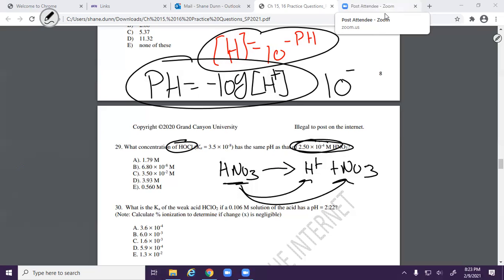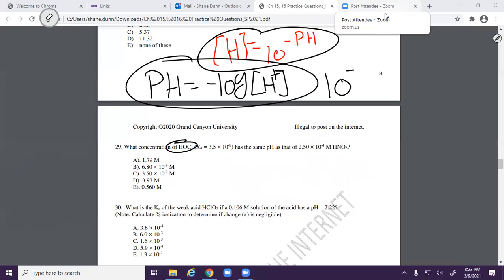Good. The whole ice table is what we needed, but we need to figure out how much we started off with. So we've got to go back to the HA, H plus A. How much of this do we have?